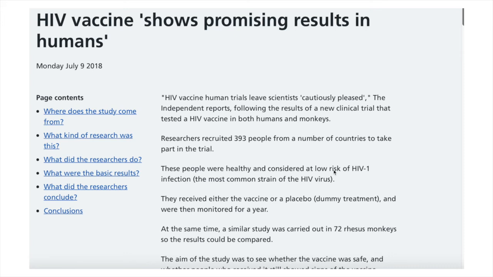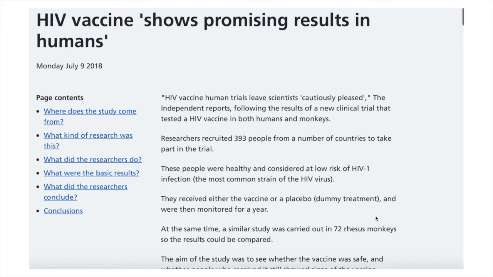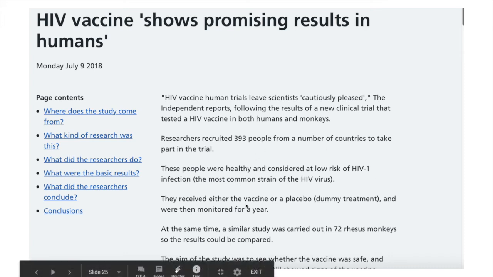It just needs to go through some more trials. If you read this here, it is this weird process whereby they created a vaccine, they gave it to some monkeys, and then they exposed those monkeys to the HIV virus and they didn't get it. So it is still, relatively speaking, in the early stages, okay?